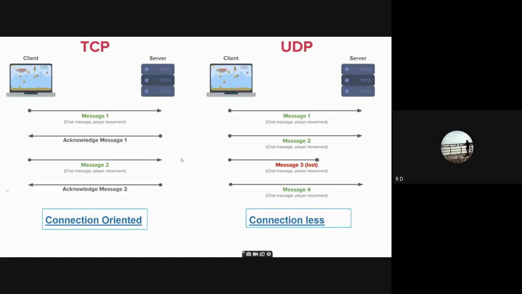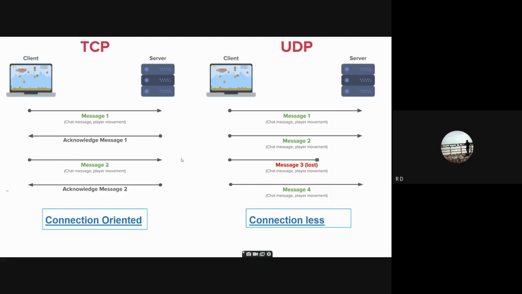There are flags that are set. I believe you might know about these flags: the SYN flag, the ACK flag, and a lot of other flags. They tell that yes, I have received this message. In case of UDP, it will not give you any acknowledgement in return. So these are basically the differences.